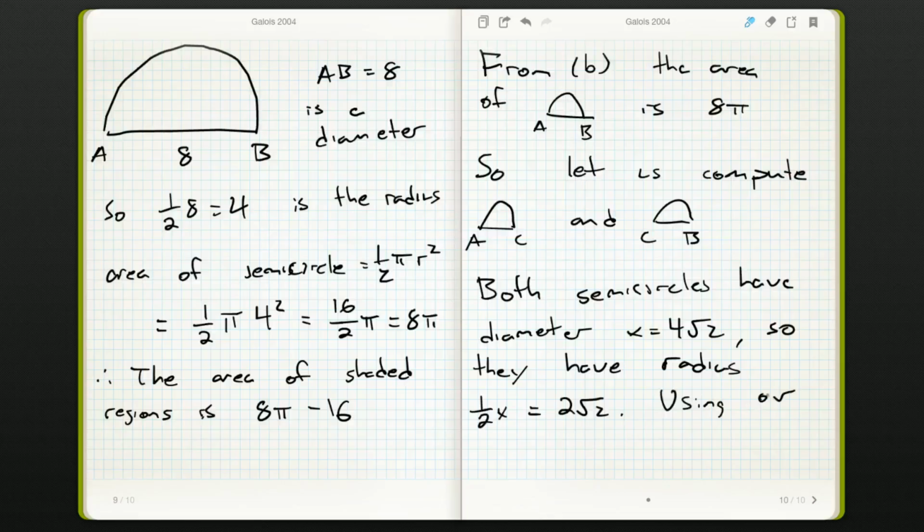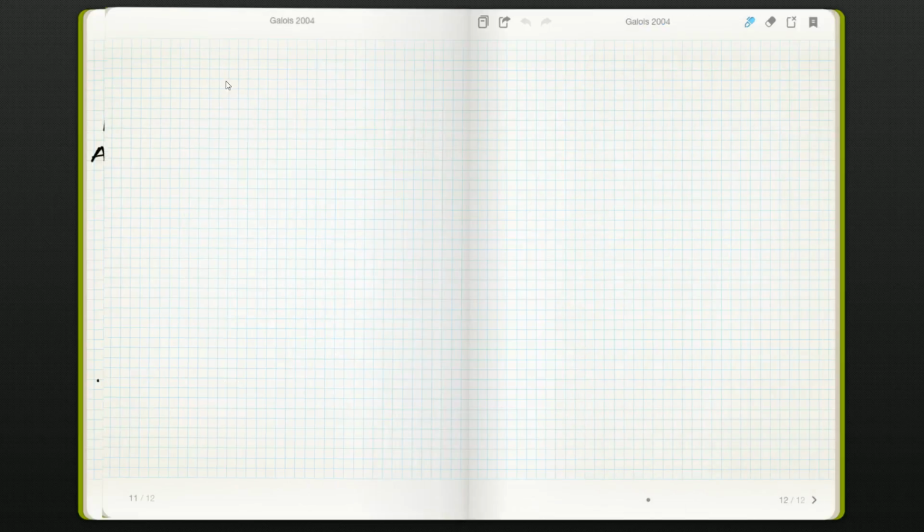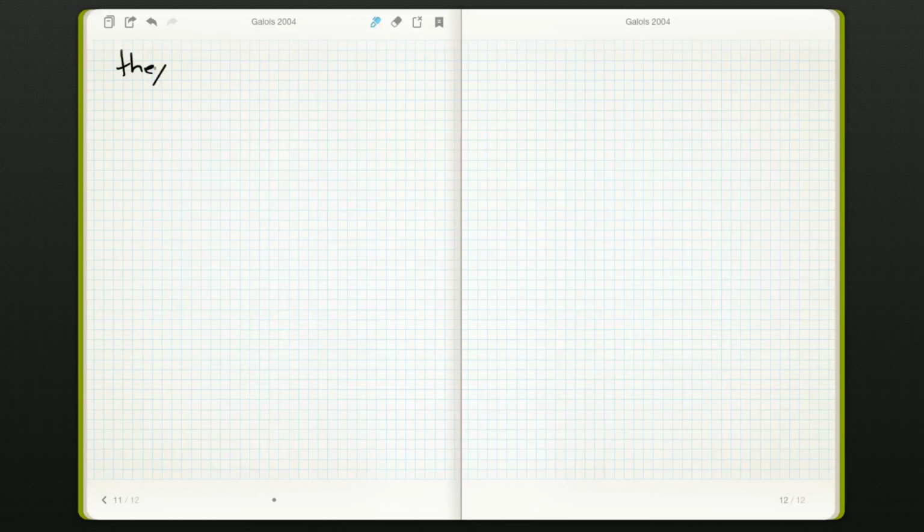Using our formula for the area of a semicircle, they each have area 1/2 pi times the radius squared. 2 root 2 squared is 8. 8 divided by 2 is 4, so they'll both have area 4 pi.